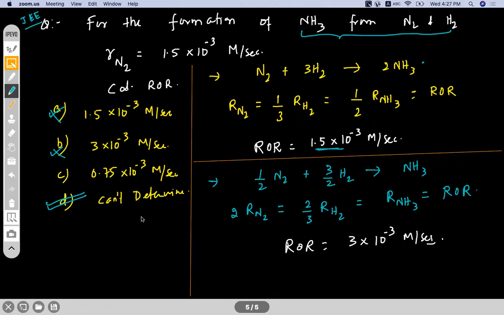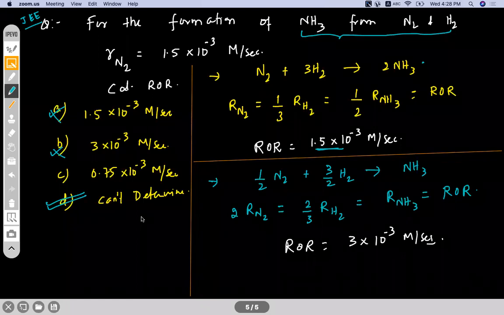Next line. But the rate of any individual species, we can determine without knowing the reaction.